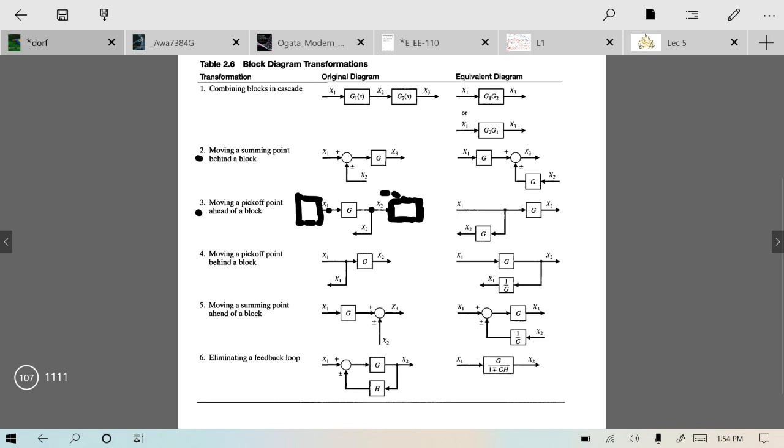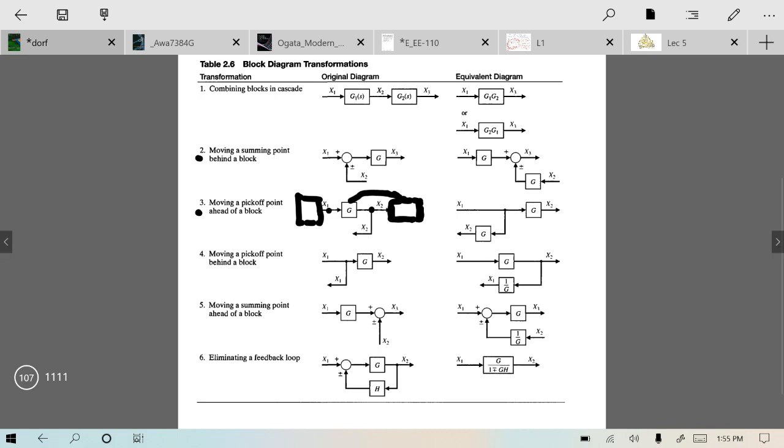You might have an intention to move this pickoff point from this location, because I gave you an example that there might be a block on this side, and you want to join this block with this block.